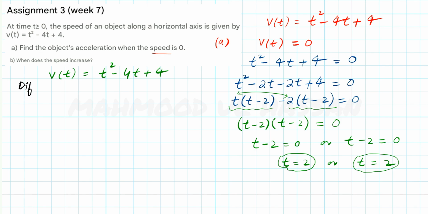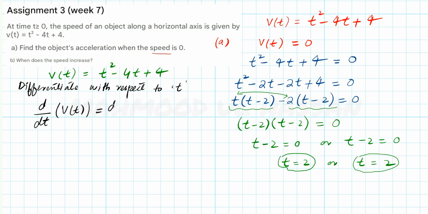So we differentiate with respect to t. That is d over dt of v of t equals the derivative of the right hand side, that is d over dt of t squared minus 4t plus 4.